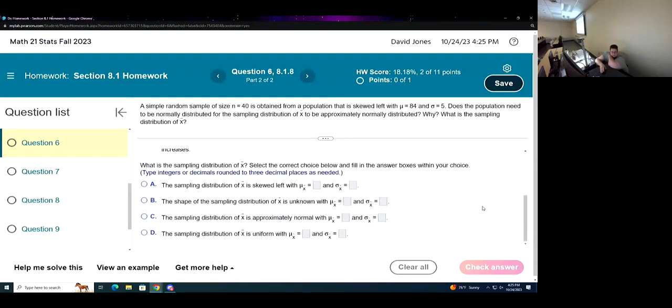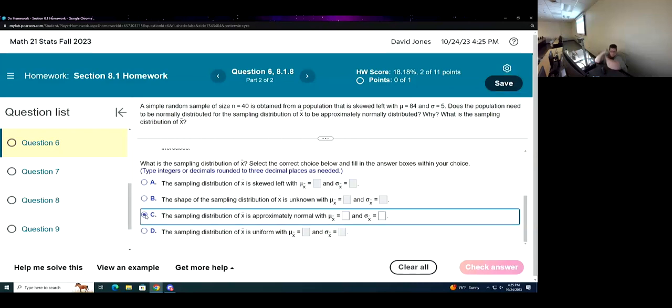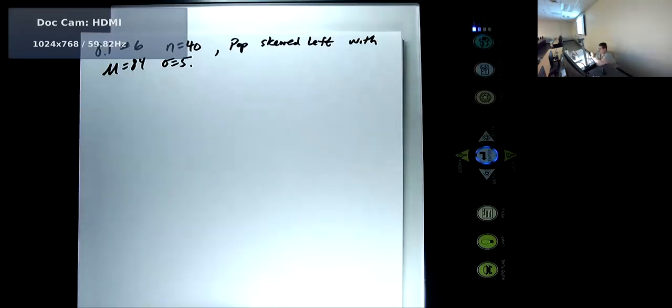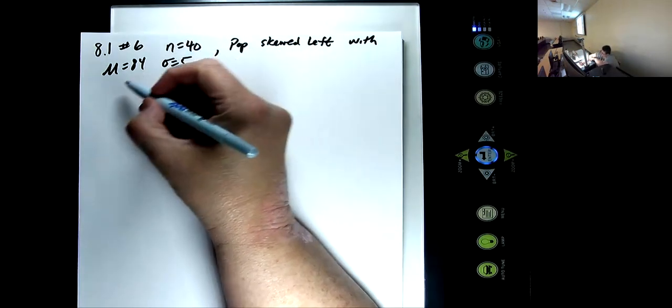Then it says, what is the sampling distribution of X bar? Now we know, we just got done saying the sampling distribution of X bar is approximately normal. So we're going to use that, and now we need to calculate the mean and the standard deviation. And it says round to 3 decimal places. So n is 40, that's large enough.